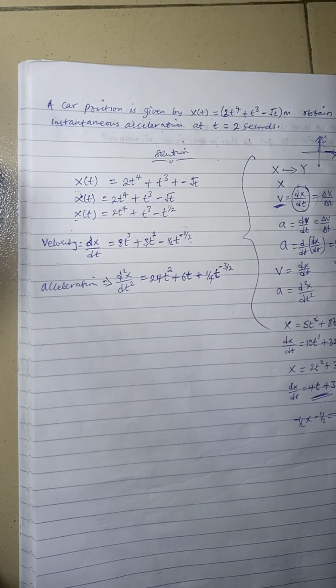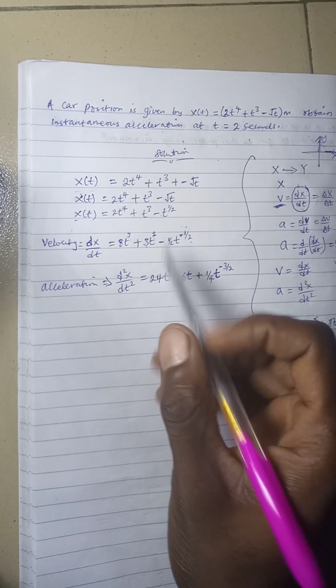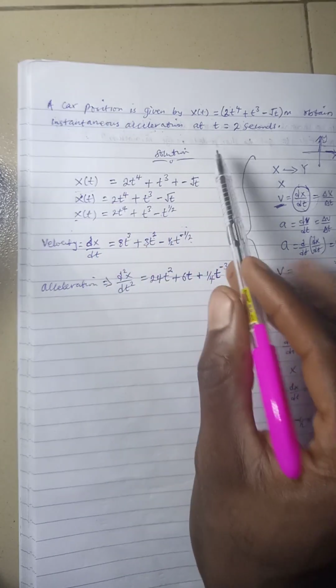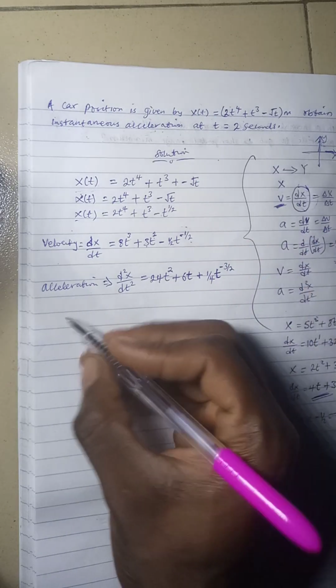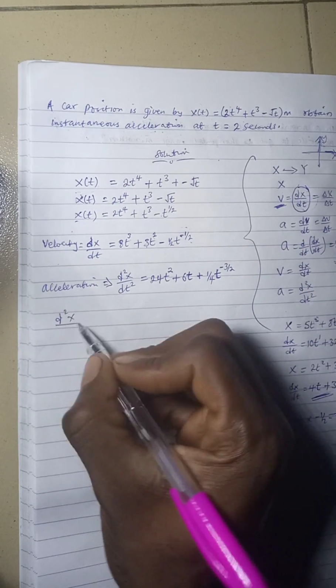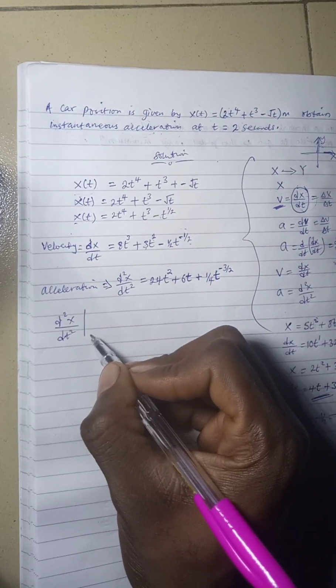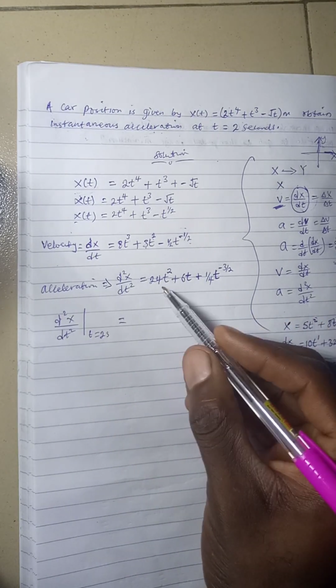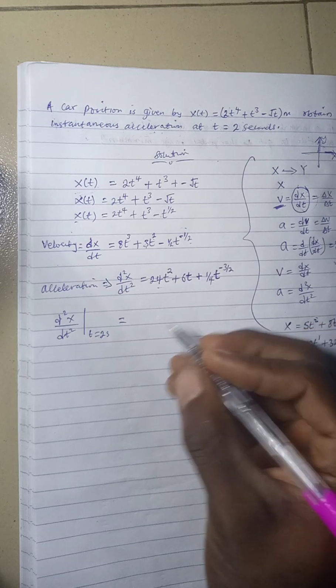So now at this point, we are going to find our acceleration at an instant, that is when t is 2 seconds. So acceleration, d squared s over dt squared, at the instant when t is equal to 2 seconds. This will now be equal to, we come to this function, any place we see t, we replace it with 2.